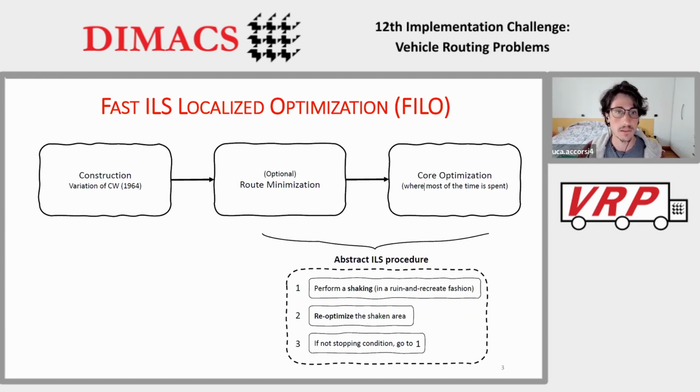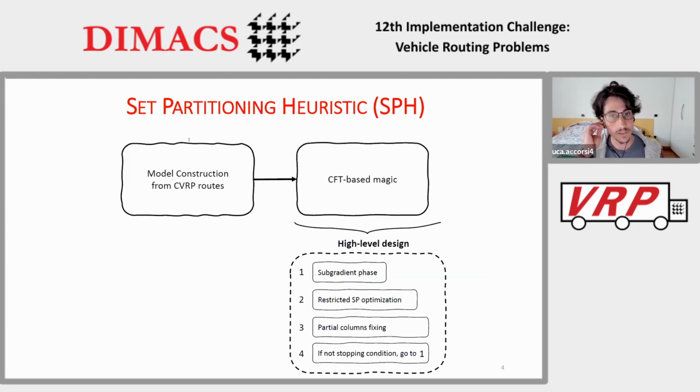This is the overview of SPH. It starts from a pool of routes, and it constructs a model, an instance of the set partitioning. And then there are some steps which are inspired by the CFT.